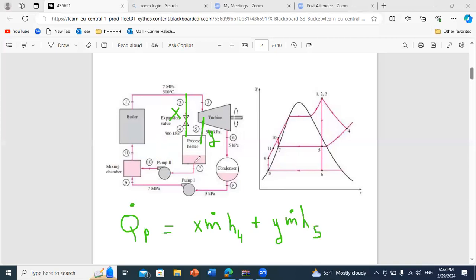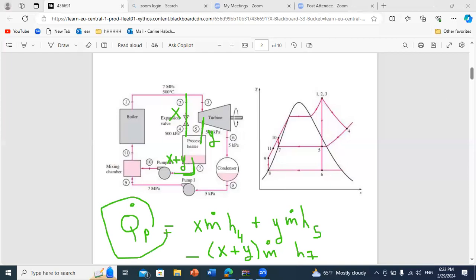Now what goes through 7? The two flows mix together and you have one exit, so at this exit the proportion will be X plus Y. So you have minus X plus Y times M dot times H7. In this way, you can deduce the amount of process heat.